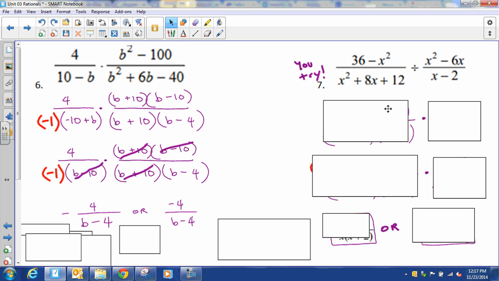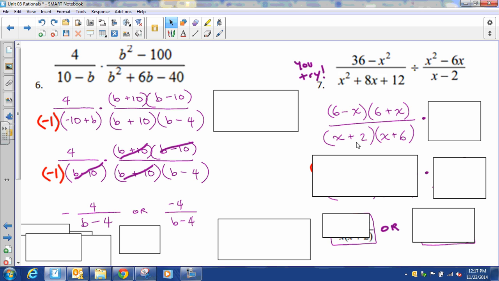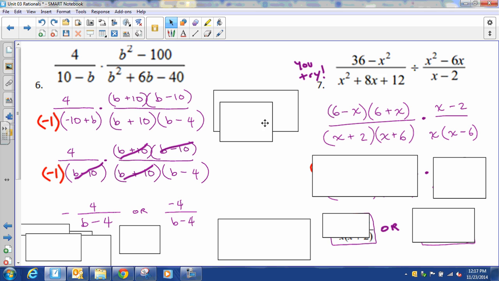Okay. Number 7, last example. Again, difference of perfect squares: 6 minus x, 6 plus x. The trinomial factoring is pretty simple: x plus 2, x plus 6. Here we factor the greatest common factor of x. Notice that this is a division problem, so we did a keep, change, flip. So x minus 2 is now in the numerator, and x times parentheses x minus 6 is in the denominator.